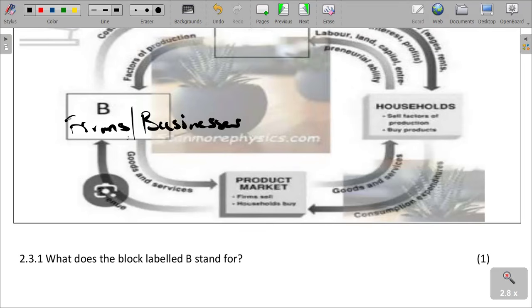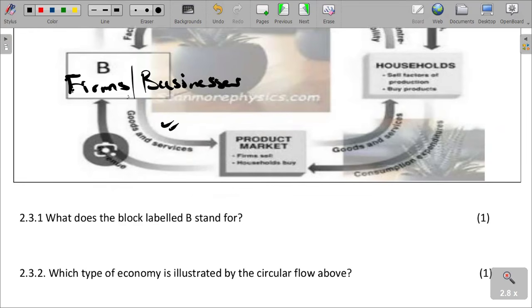Businesses or firms, identified as B, are the ones which sell goods and services to the product market. And we say that they receive revenue. They sell goods and services and receive revenue after selling them to the product market. So I'm saying it is firms or businesses.